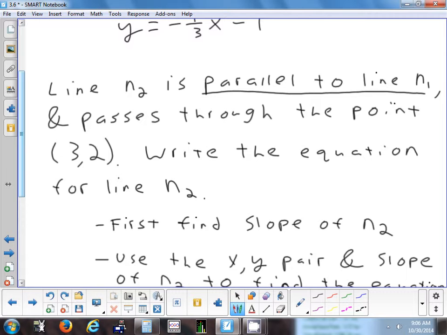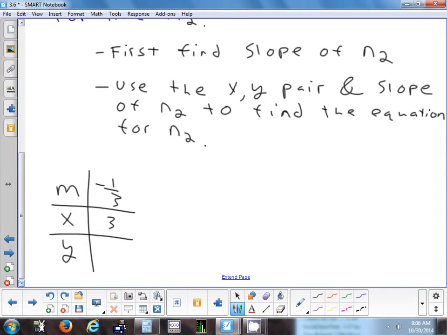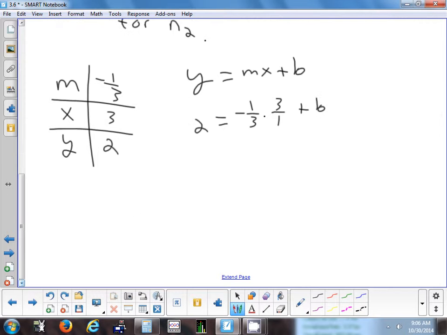And 3 is the x, 2 is the y. Okay, fill all of that in to y equals mx plus b. 2 equals negative 1/3. I'm going to make x into a fraction because I'm multiplying it by a fraction. So just put it over 1 plus b.